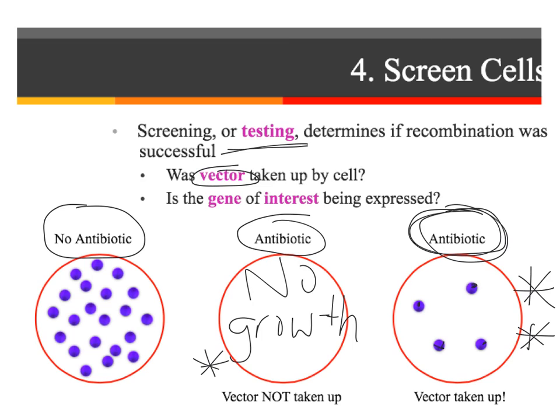But you might think, well, who cares if some bacteria grow if they didn't take up the plasmid? If you are a big drug company, let's say that you're producing insulin, this is how insulin is produced for people who are diabetic. You don't want to be messing with a bunch of bacteria that didn't take up the plasmid, that don't have that insulin gene.